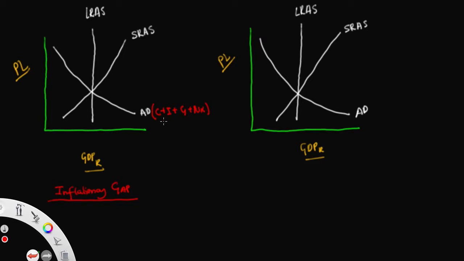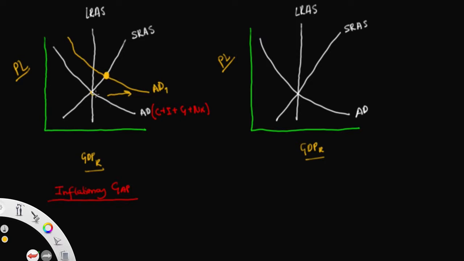So if we shift the aggregate demand to the right, we would have something like this. The aggregate demand would shift to the right, and I'll label it AD1. And this new point, where aggregate demand and short-run aggregate supply meet, would be our new equilibrium point.